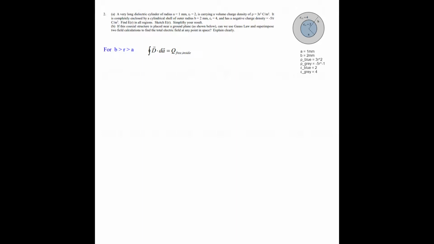So now we do want to do 0 to A because, since we're in the gray region, we can't just ignore the influence of the blue part. So we want to find the total influence of the blue part on our D field and then later on the electric field.